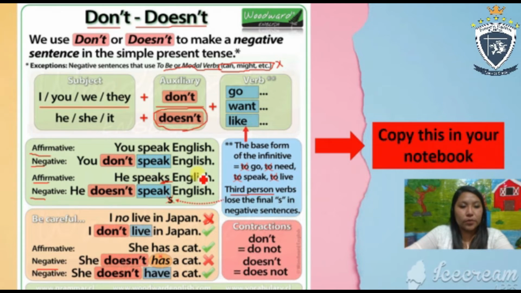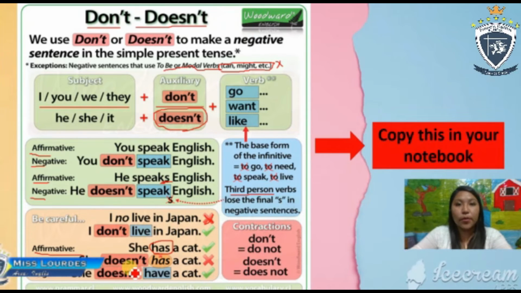Por eso es que mira, look at this example. Vamos a ver este ejemplo, ¿ok? Dice, affirmative. She has a cat. ¿Ok? She has a cat. Has lo utilizábamos de esta forma porque estábamos hablando de forma afirmativa y positiva, ¿verdad? We were talking about a positive form or affirmative. Ahora, in the negative form, look at.